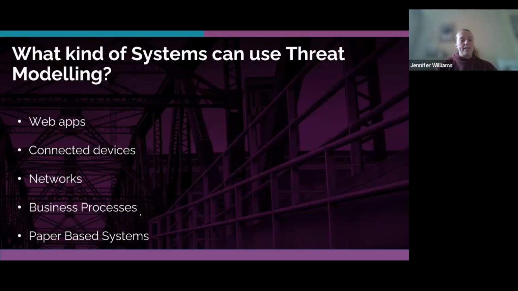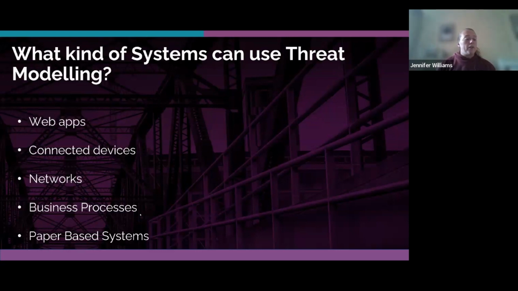transferred medical data around on paper, and the best way they could find of testing that system and evaluating its security was to do a threat modeling activity on it, because it's really difficult to find somebody who can do penetration testing of paper-based systems. But it's particularly useful for physical infrastructure, even business processes.